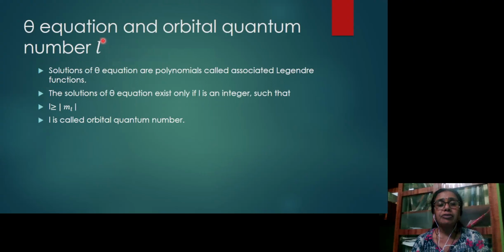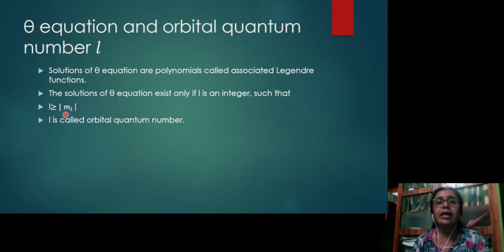Now the theta equation. The solutions of the theta equation, though we are not going to derive them, are polynomials which are called associated Legendre polynomials, associated Legendre functions. The solutions of the theta equation exist only if L satisfies one condition, that it is an integer such that L is greater than or equal to modulus of ml.